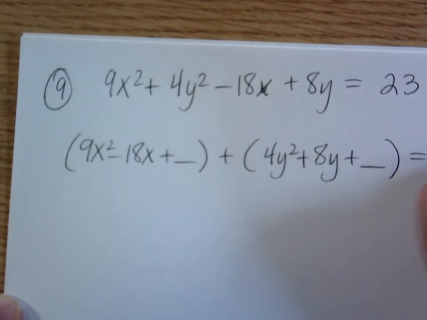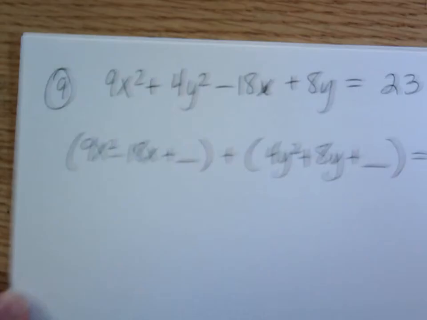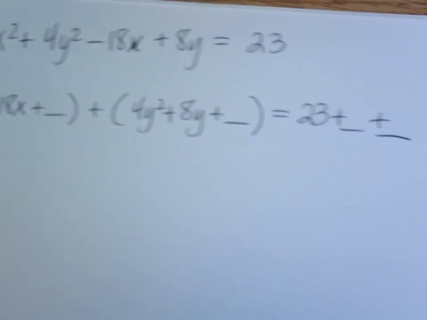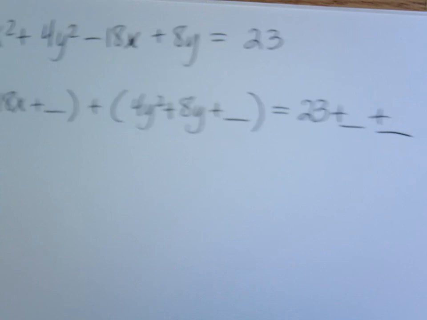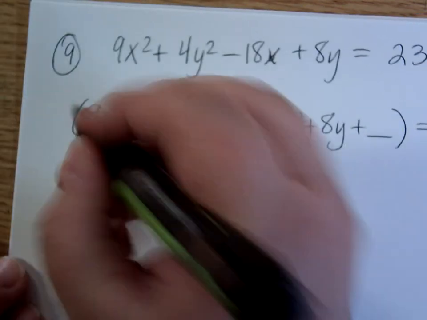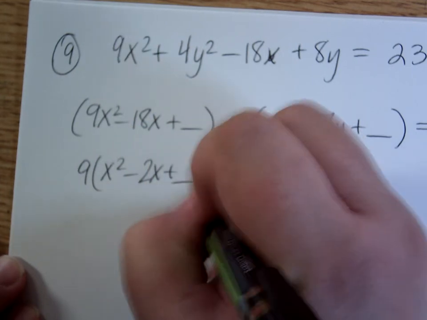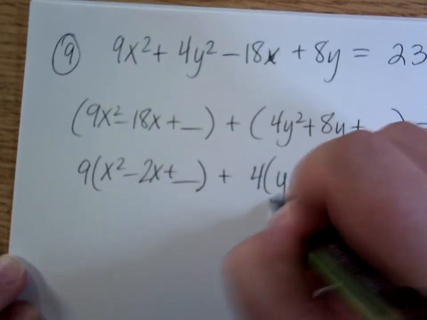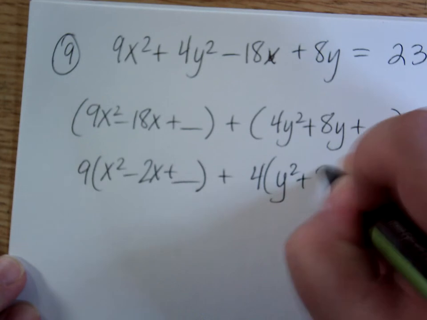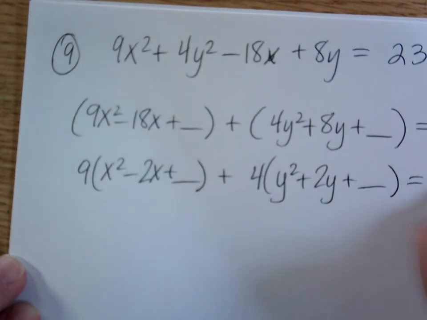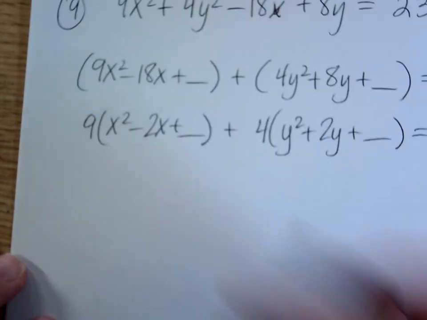And I'm putting my blanks in all the way across. So now I'm going to take a 9 out of the x's, and a 4 out of the y's. The right-hand side doesn't change this time.